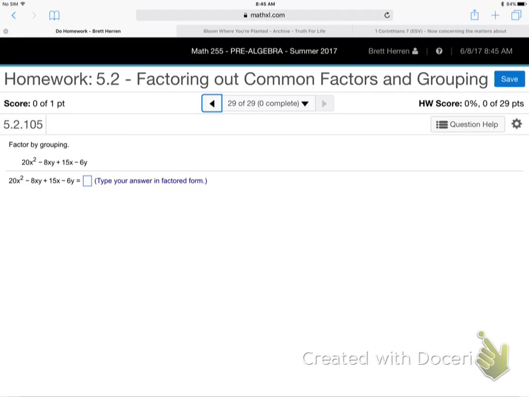Okay. So we have 20x squared minus 8xy plus 15x minus 6y. Let's try that one. First two, last two.